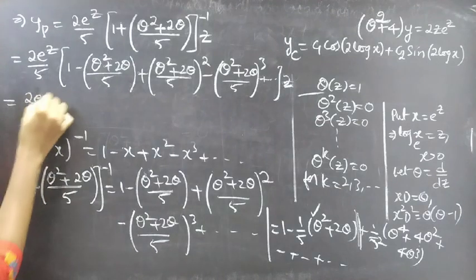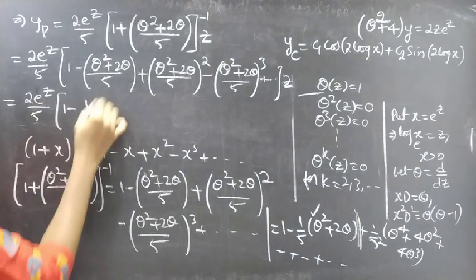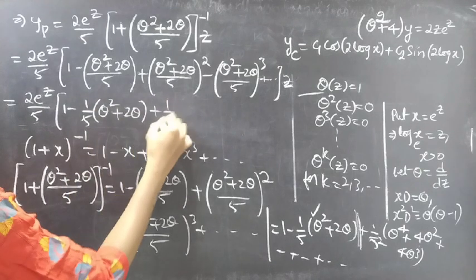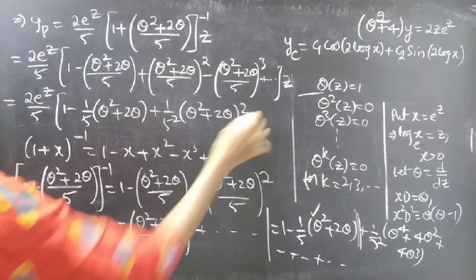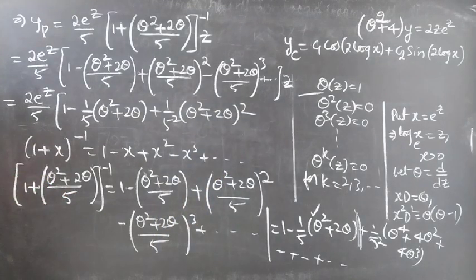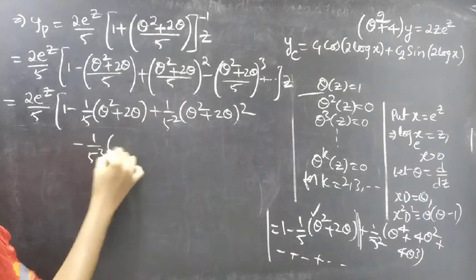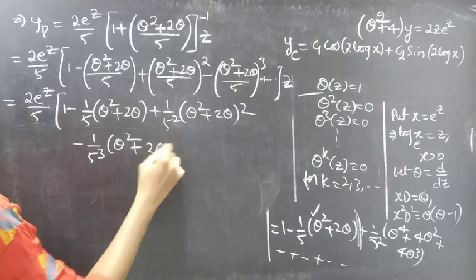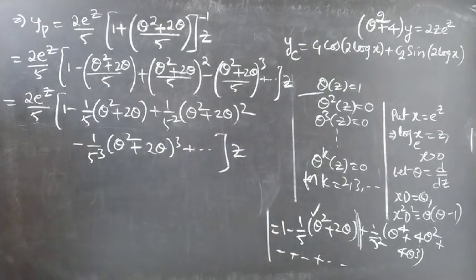This equals 2 e power z by 5 into (1 minus 1 by 5 into (theta square plus 2 theta) plus 1 by 5 square into (theta square plus 2 theta) whole square minus 1 by 5 cube into (theta square plus 2 theta) whole cube plus so on) into z.